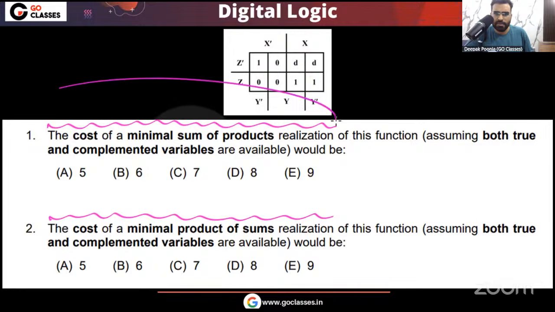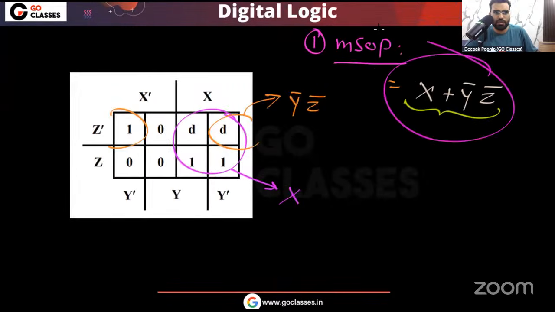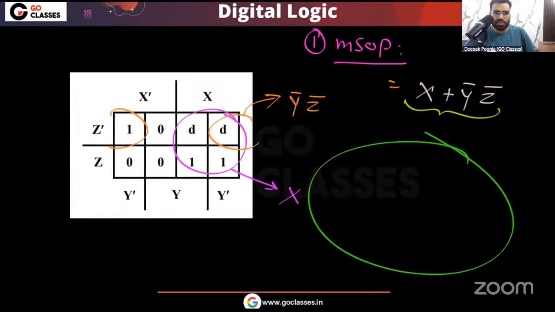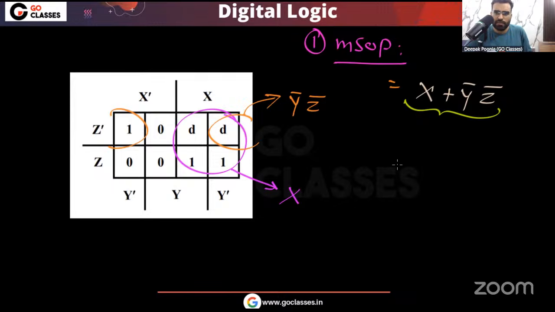So let's see what will be the cost of realization. For the cost of minimal SOP realization, you will find the minimal SOP and then you will find the AND OR circuit. Let's see the realization.